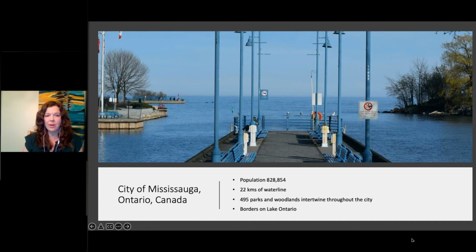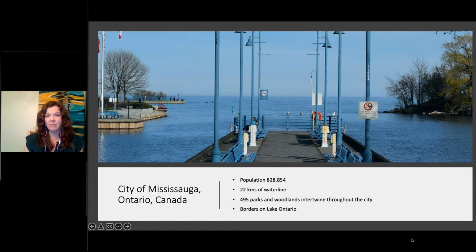So just to orient everyone, Mississauga is a city in the province of Ontario. It's a relatively large city, with over 800,000 people by now. We have about 22 kilometers of shoreline on Lake Ontario, which is one of Canada's Great Lakes, and part of the largest freshwater system in the world.